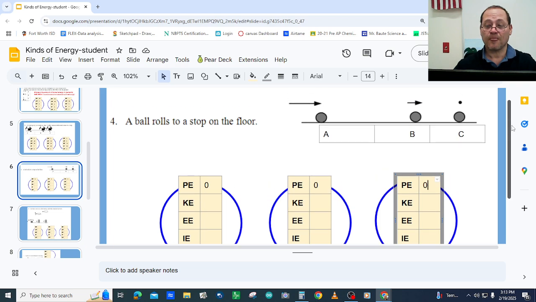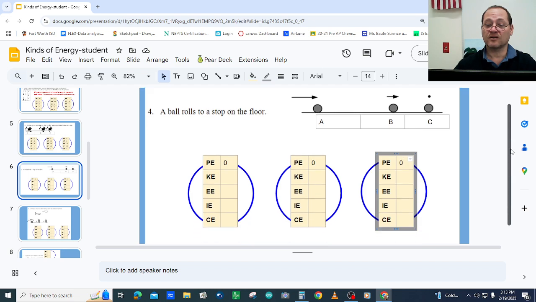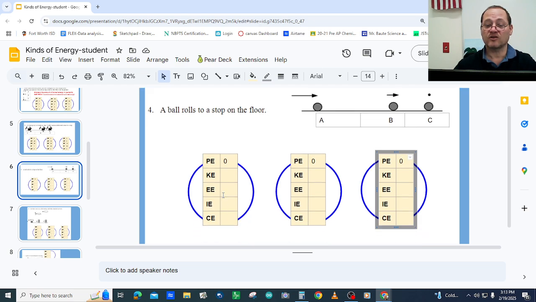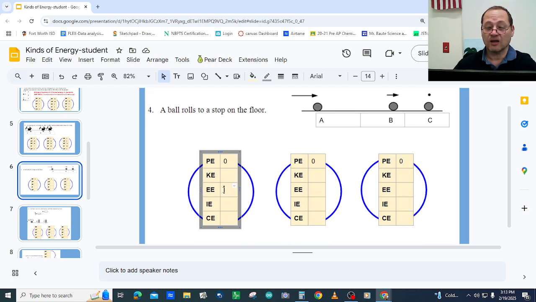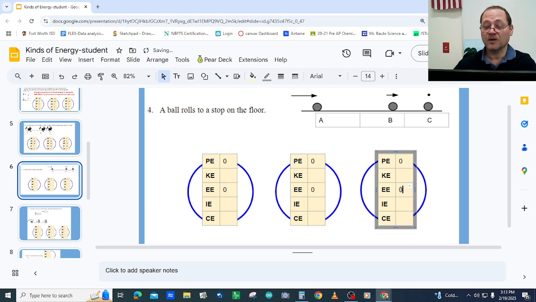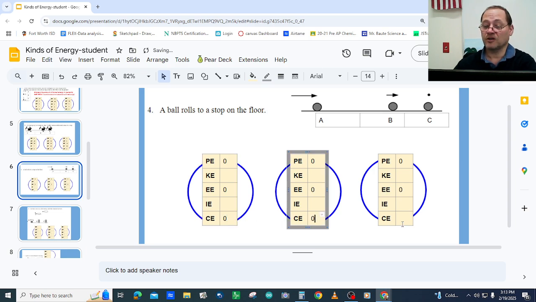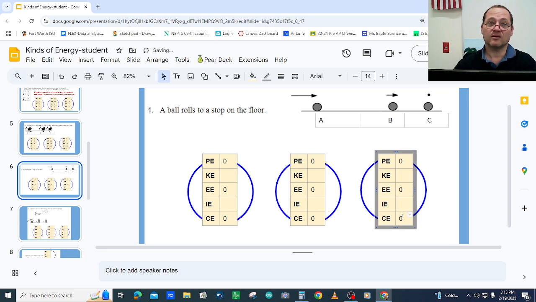We can also say that since the ball is not being stretched or compressed, the elastic energy will be 0 for all points, and it's not being burned, right? There's no chemical reaction. The chemical energy is not really 0, but we're gonna set it to 0 because we're not using it.